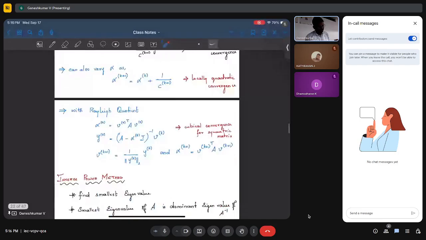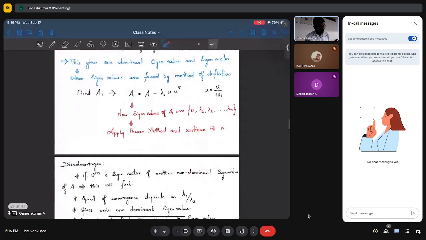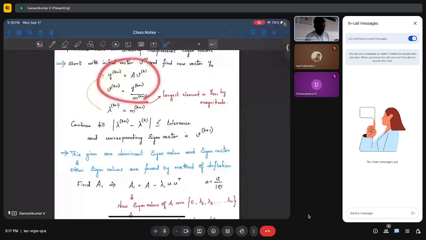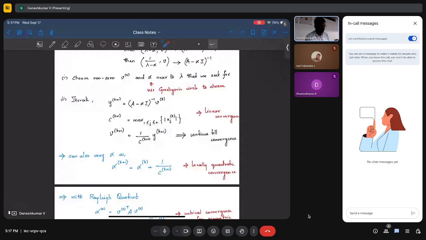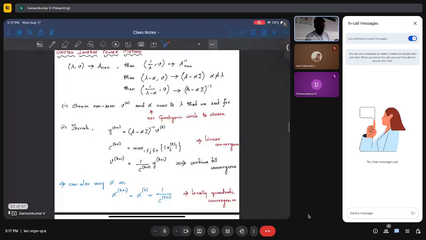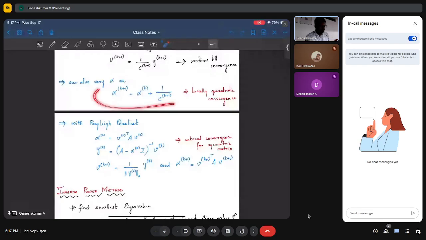The only thing is, instead of simply doing this iteration, we introduce additional terms, like alpha I. If you vary that alpha, it becomes a different method. And if you choose to calculate alpha like this, then you call it the Rayleigh quotient.